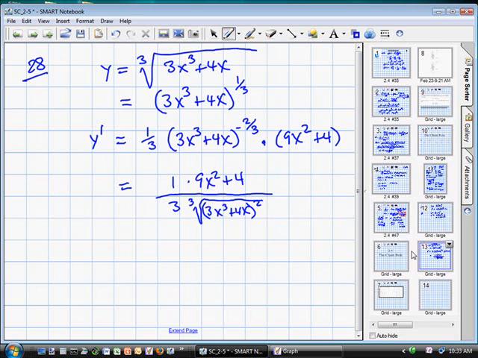Yes? Could the bottom be the same thing if we leave it as 3 times the quantity 3x cubed plus 4x to the 2/3 power? Yeah, usually we don't like to leave fractional exponents either, but yes, that would be the same. It would be true. Oh, that 3. Gotcha.